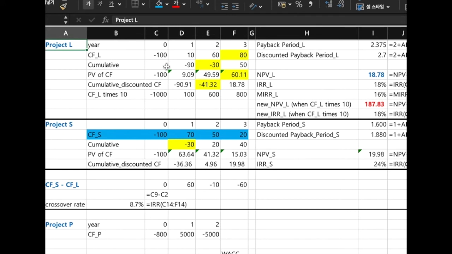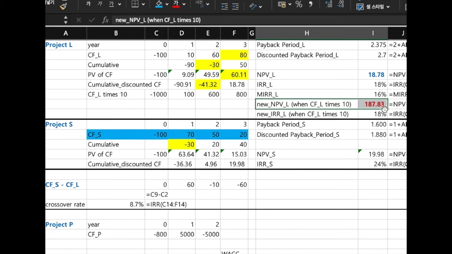Here is one example. Suppose we multiply the cash flow of project L. I already calculated these numbers. Then what happened to MPV or IRR? At the original number, before I multiplied by 10, MPV is 18.78, right? And after multiplying by 10, it has a much larger number.